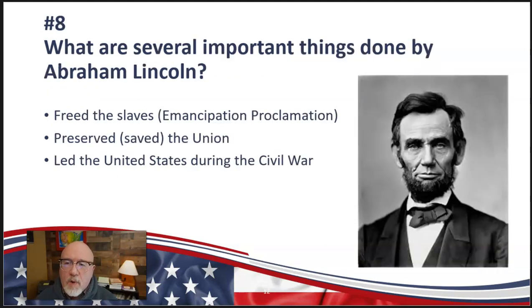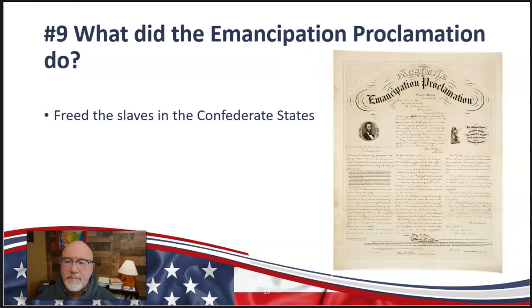Number 8, what are several important things done by Abraham Lincoln? And he is known for a number of things. He freed the slaves with the Emancipation Proclamation. He preserved or saved the Union, and he led the United States during the Civil War. He was our 16th president, Abraham Lincoln.